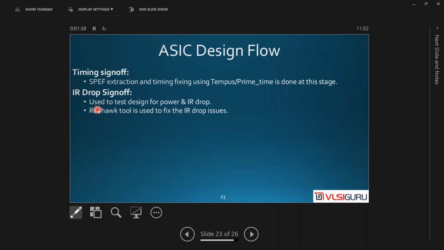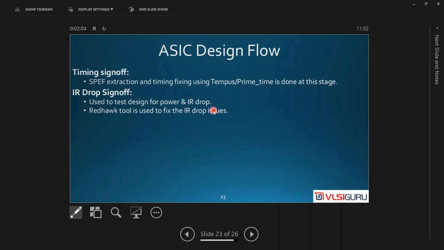Then IR drop sign off. For example, 1 volt has to be supplied to the whole design. If at any instance of time, even for 1 nanosecond, some of the cells get 0.99 volt, the functionality at that instant will be hampered.